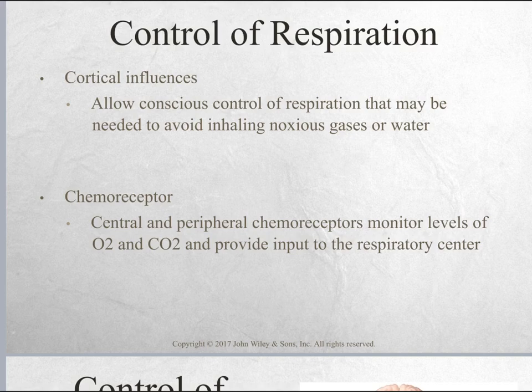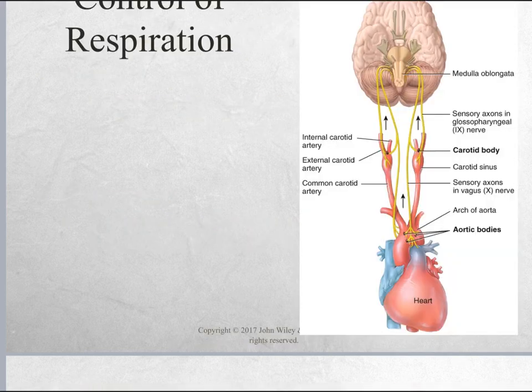So the question now is, where are chemoreceptors found in these cortical reflexes? So we move on to the actual location of these receptors. So we see number one, on the arch of the aorta, we see aortic bodies. These are going to be detecting the chemical changes in blood as it leaves the heart in the aorta. Now that makes sense.